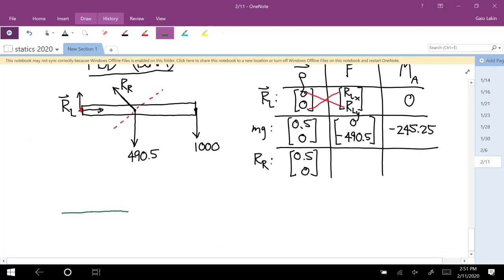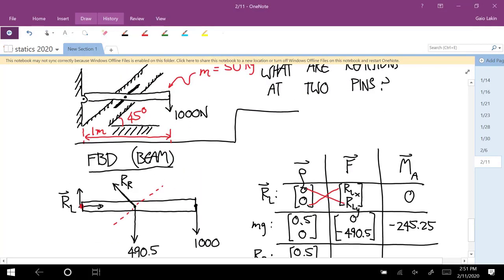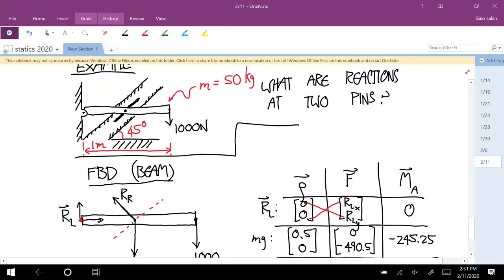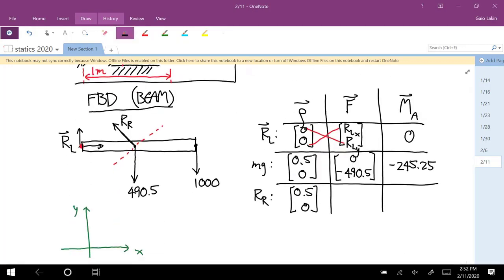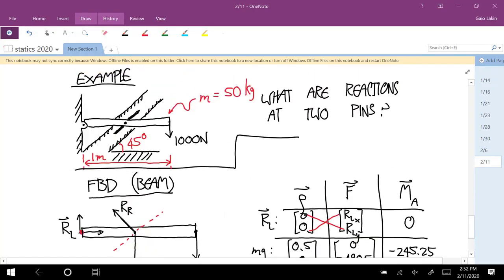To figure out that force vector, I'm going to draw out the coordinate system. And first, I'm going to draw the vector where the angle is given. So that 45-degree angle is given between the horizontal and a vector like this. Okay, so like this one would have a theta of 45 degrees. Does everyone see how that relates to what's given in the picture?